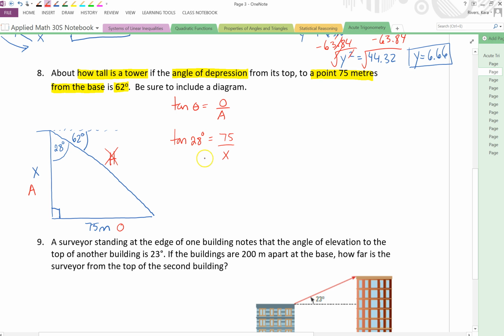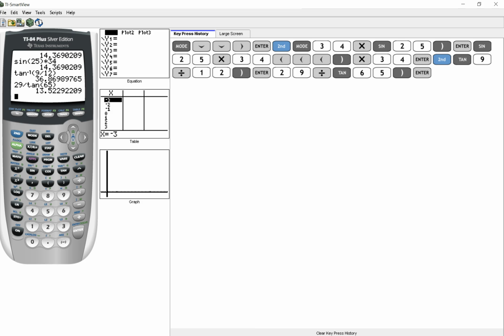Rearrange your equation, and you get that x is equal to 75 over tan of 28 degrees. Punch all of that into your calculator. 75 divided by tan of 28. And you get 141.05.